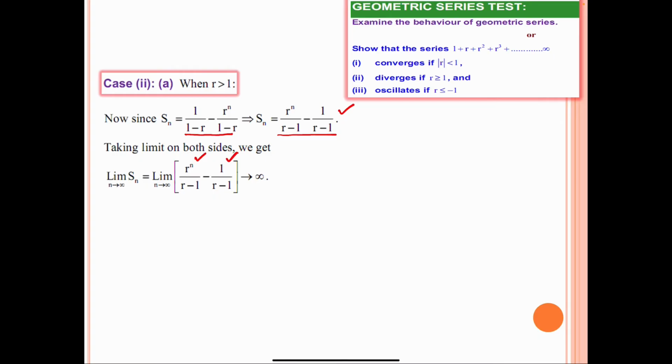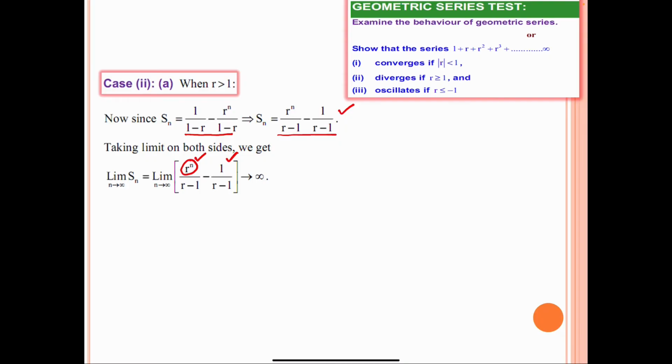Now since r is greater than 1, suppose 1.1 or suppose r is equal to 9. So when r is 1.1 and after taking limit n tends to infinity, this term is infinity. For every value where r is greater than 1, this term is infinite. Clear? So infinite over something, infinite.